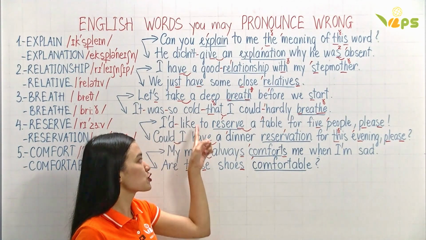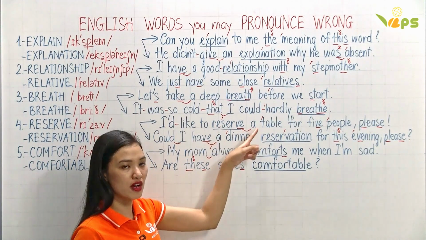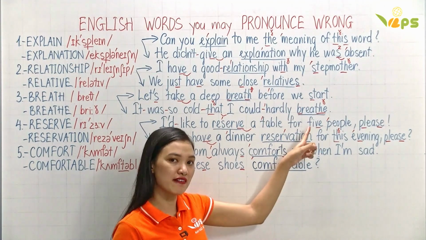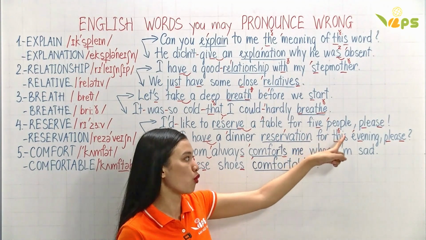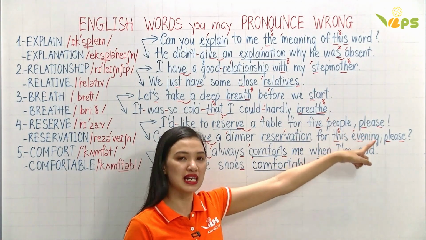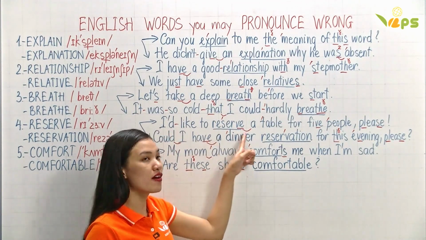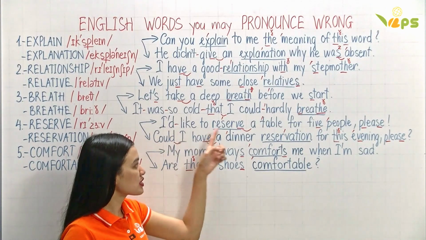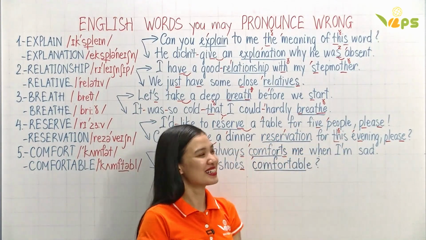Reserve, link them together. Remember VE, 5 people. I'd like to reserve a table for 5 people, please.